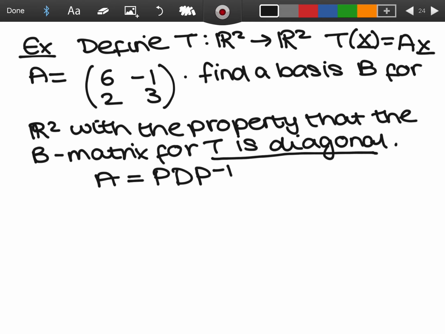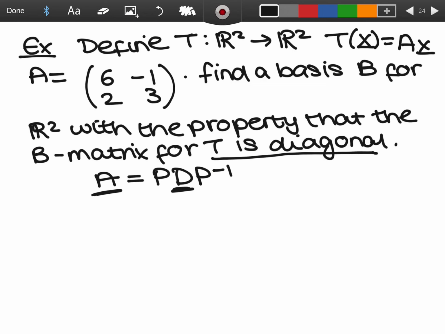We know that the columns in P are the eigenvectors. They form an eigenvector basis for Rn, in this case R2. And we know that D is similar to A. And D is the B matrix for T. So what this basically amounts to is finding the eigenvectors and eigenvalues for that matrix.